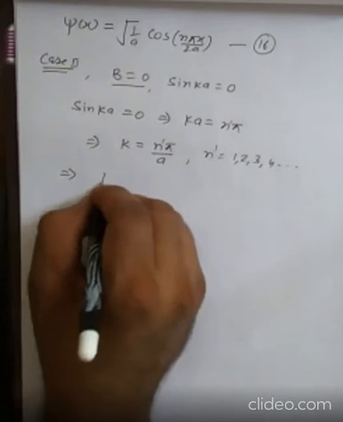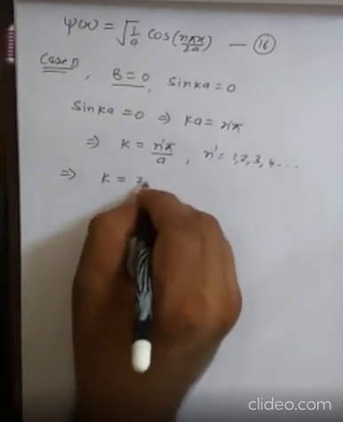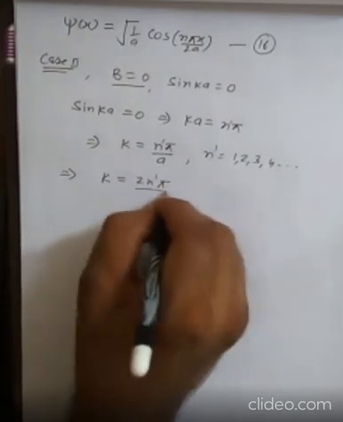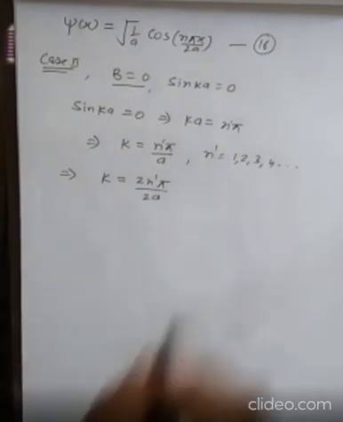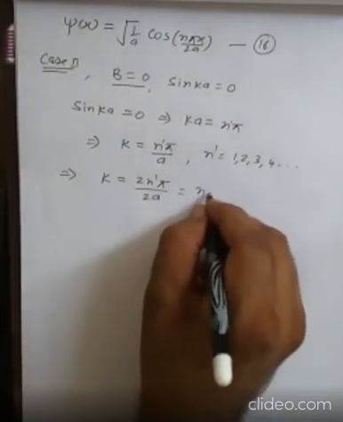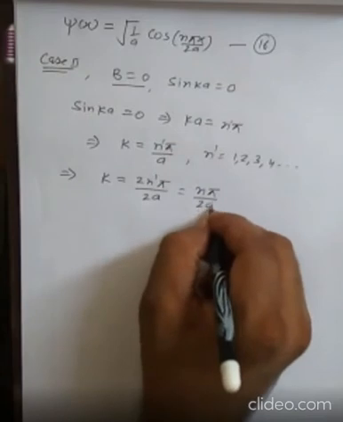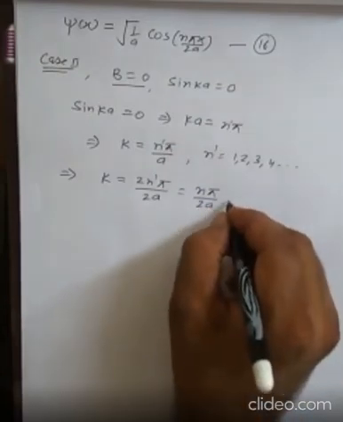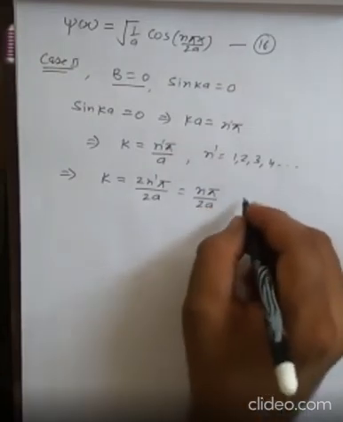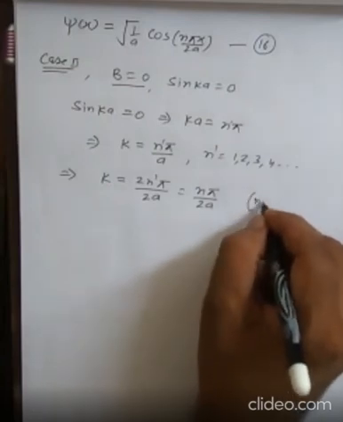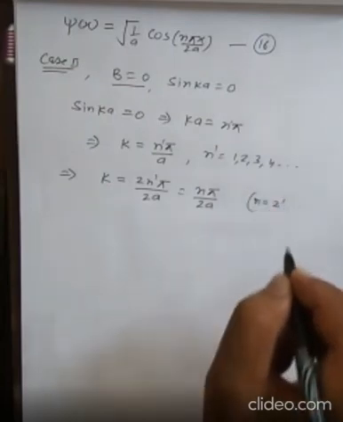Or I can write, if I multiply this and divide by the 2, then I will get this one. And then I can write also n pi here, and here n equal to 2n prime.